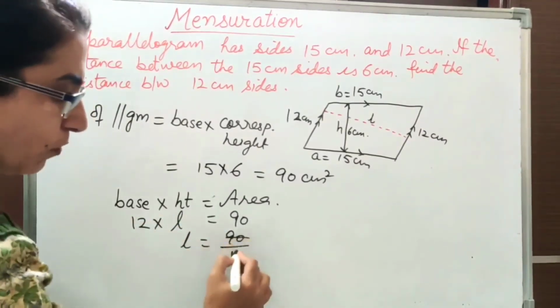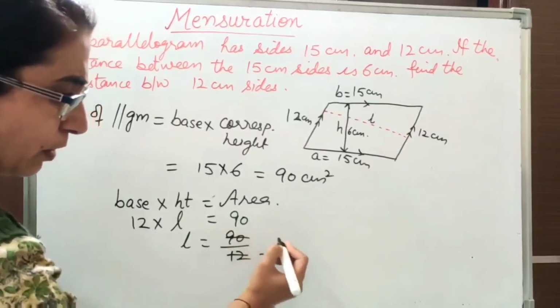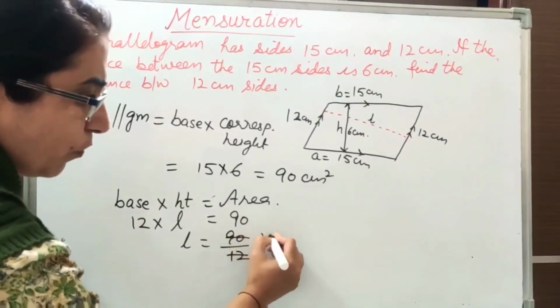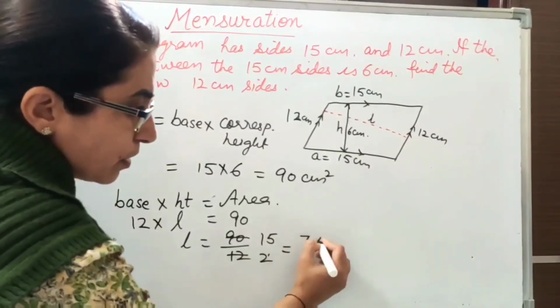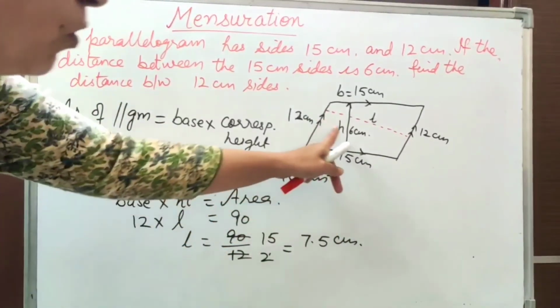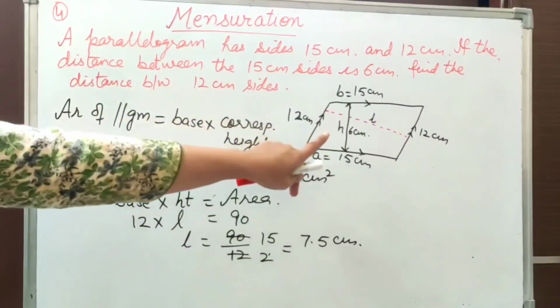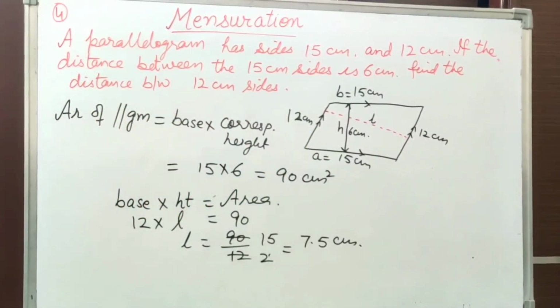Now we can solve this: that is 7.5 centimeter, the corresponding height, or you can say the distance between the 12 centimeter sides. So hope you got it. Thank you.